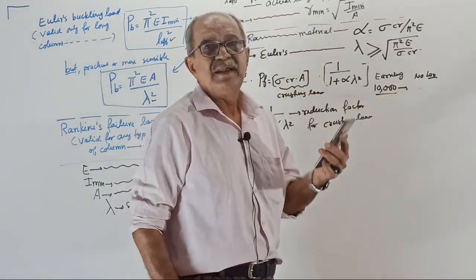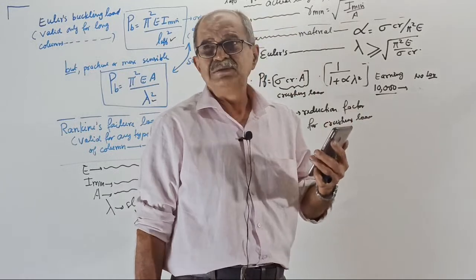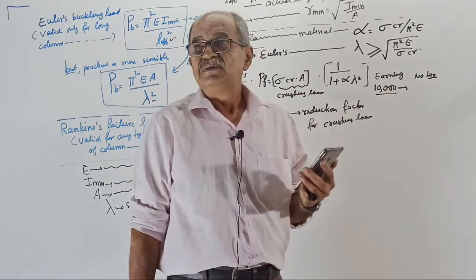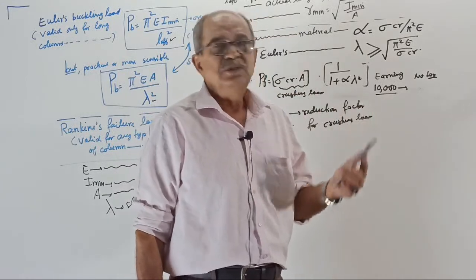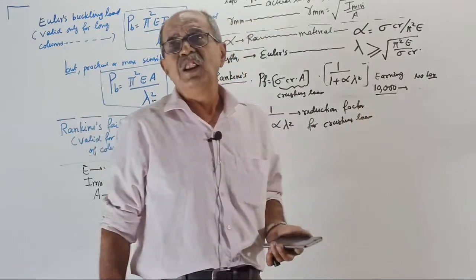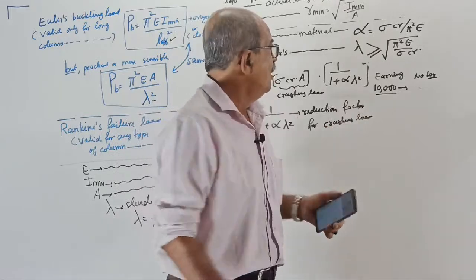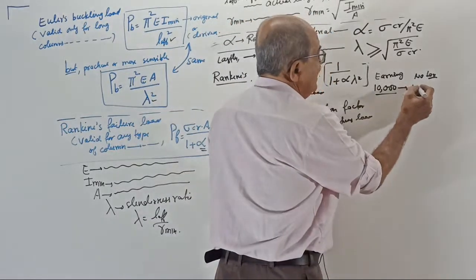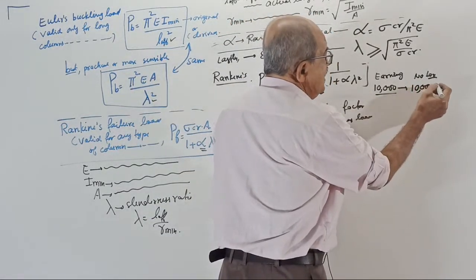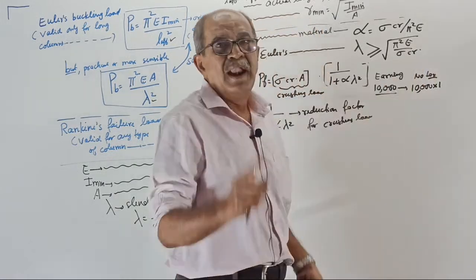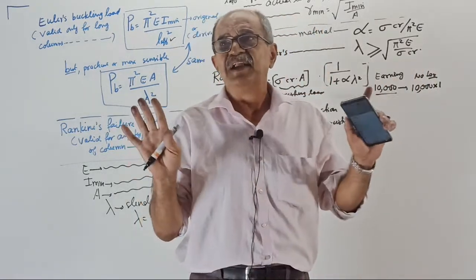How much money will you get? Some earning is there, no discounting, or TDS you can call. Full 10,000. Why? It is 10,000 into 1. 1 means no reduction. Clear?